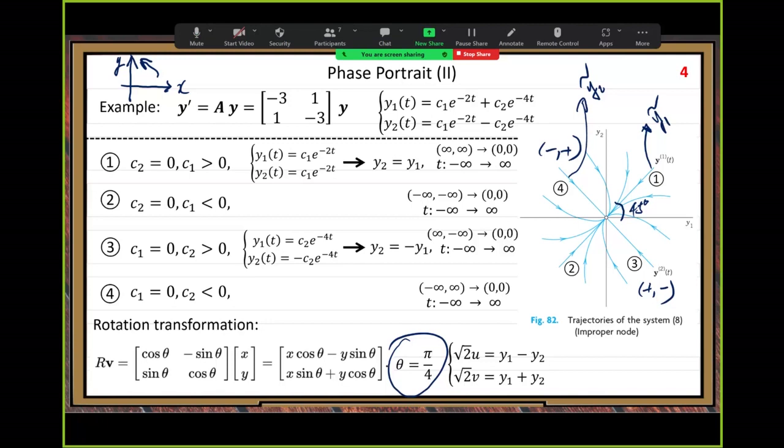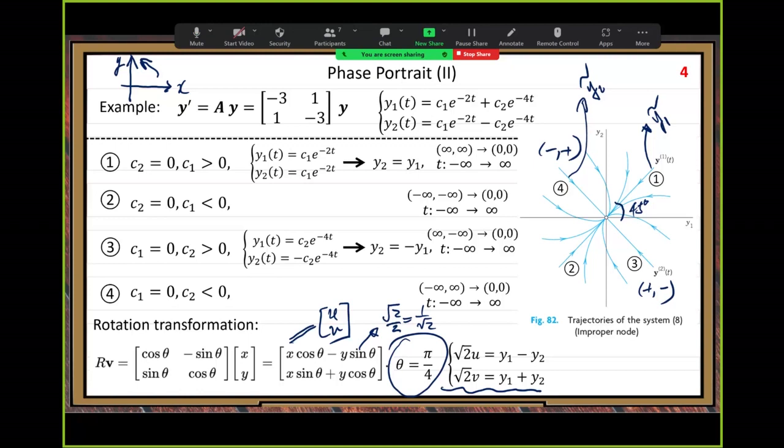Sine and cosine, each root 2 over 2, is the same as 1 over root 2. I just multiply by root 2 on both sides, so I get this rotation formula.